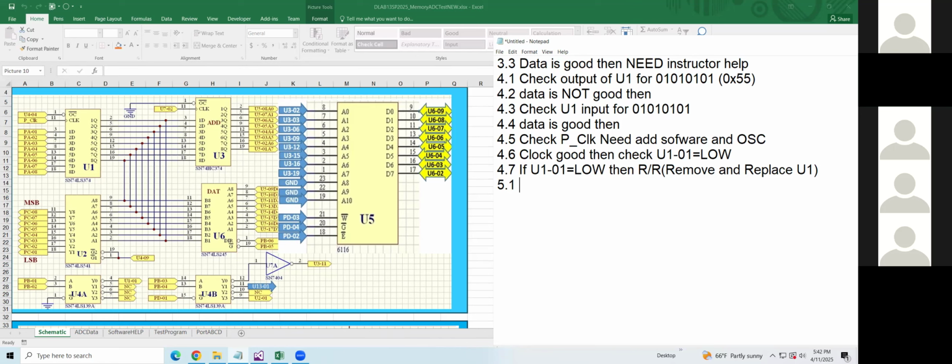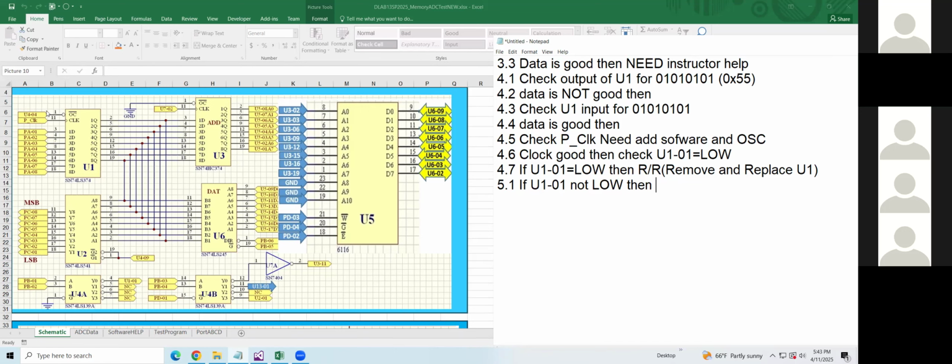Pin 1. I say, if U1 pin 1 is not 0, not low, that means you measure U1 pin 1 not low.